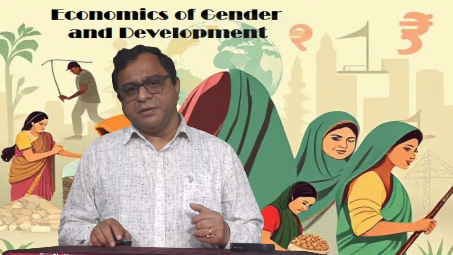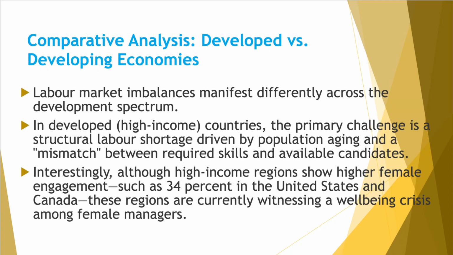Now, labor market imbalances manifest differently across the development spectrum. In developed, the high income countries, the primary challenge is a structural labor shortage driven by population aging and a mismatch between required skills and available candidates.